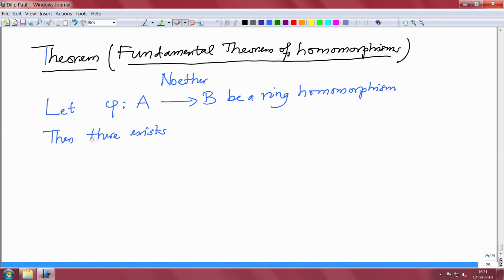Then if phi is a ring homomorphism and A is an ideal in the ring with the ideal A contained in the kernel of phi.